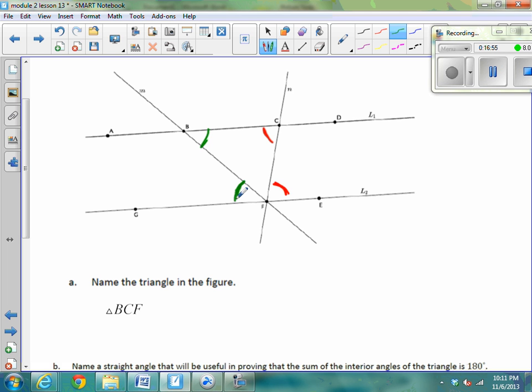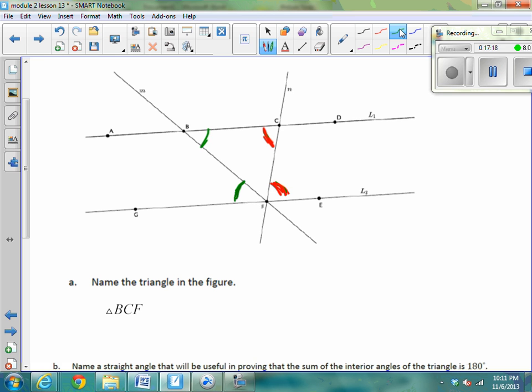So in both cases, we've been able to find an alternate interior angle. This angle here is congruent to this angle here because alternate interior angles created when two lines are parallel are congruent. And the same thing over here.